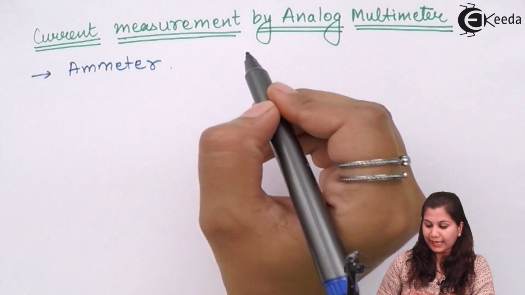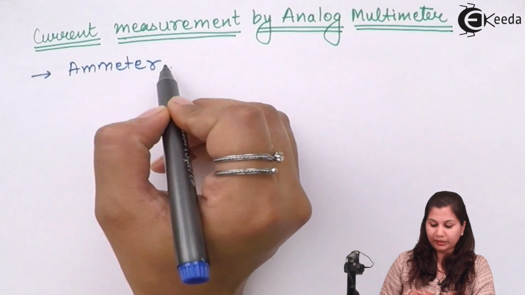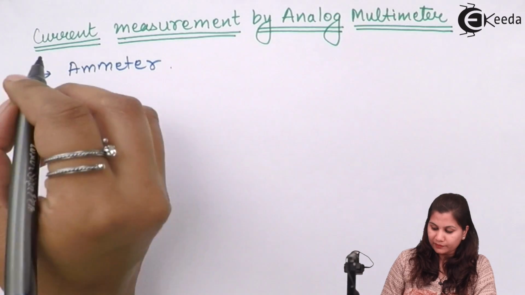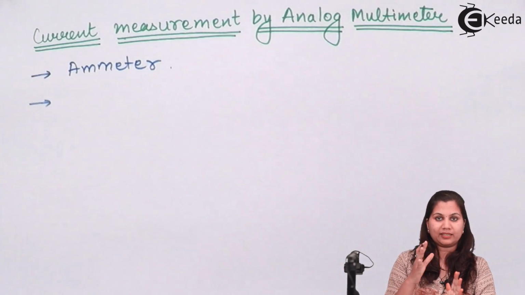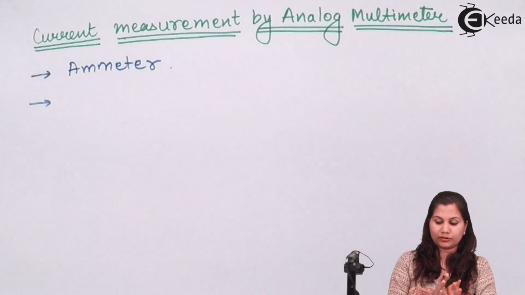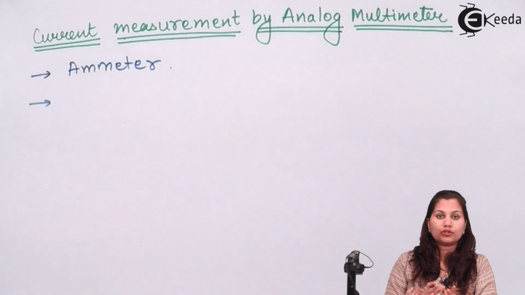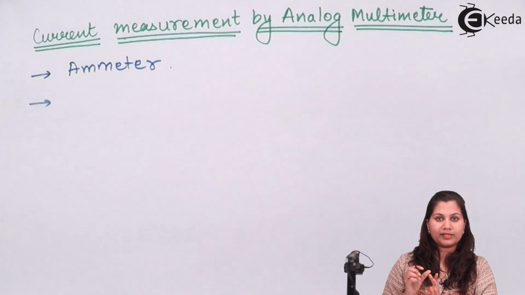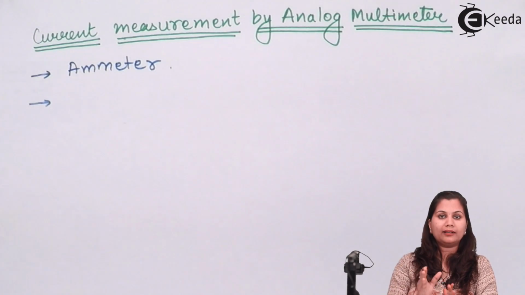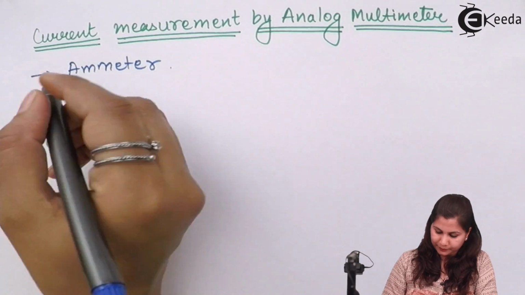Because we have to convert the galvanometer, the same galvanometer is converted into an ammeter for the measurement of current. So for that, a small value of resistance is connected in parallel with the galvanometer.